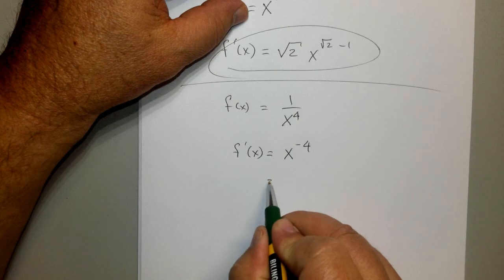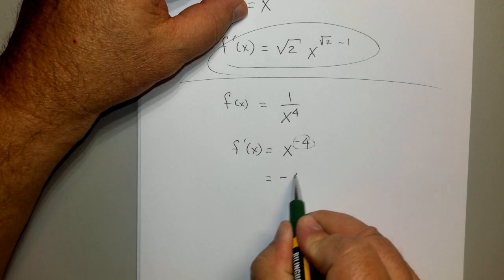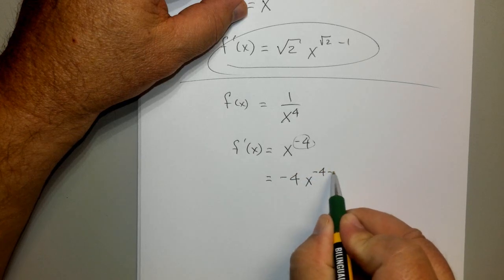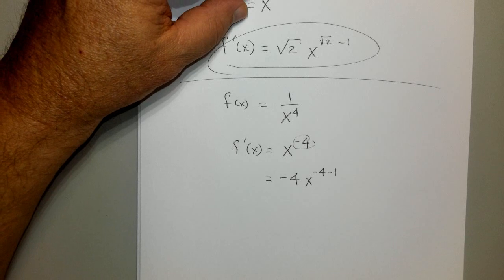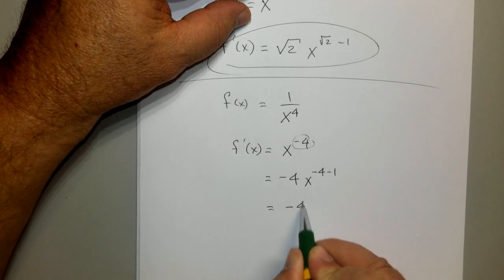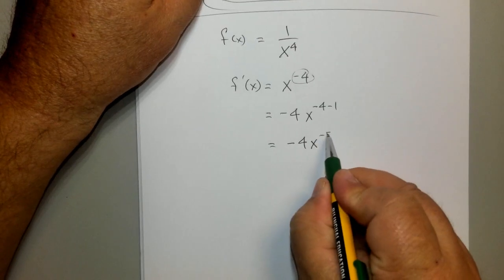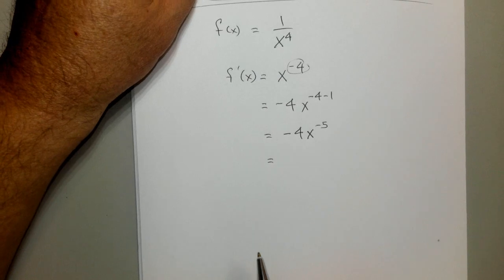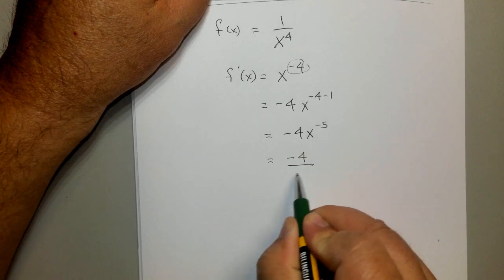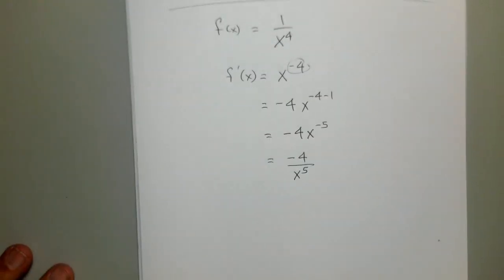Then bring down the power to the coefficient. Very good. And then what do you do up here? Subtract 1 from negative 4. So it becomes negative 4x to the power what? So to simplify this, we would rewrite it as negative 4 over x to the 5th.